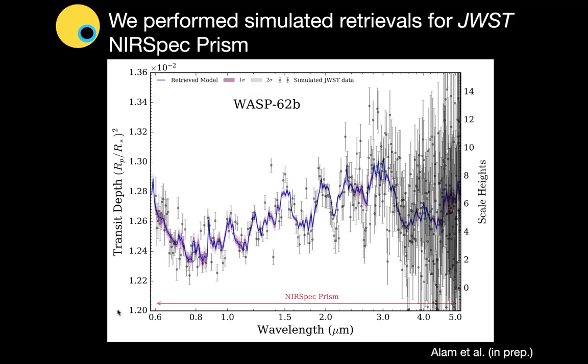And so from these simulated retrievals, we confidently detect all of the species that are included in the model, even for a single transit, with pretty good abundance precision, something like half a dex for sodium and something like 0.45 dex for SiH. And I think this is really exciting because it's a single transit with JWST, and the possible cloud-free nature of this planet, I think, could make it a really exciting community target for JWST.